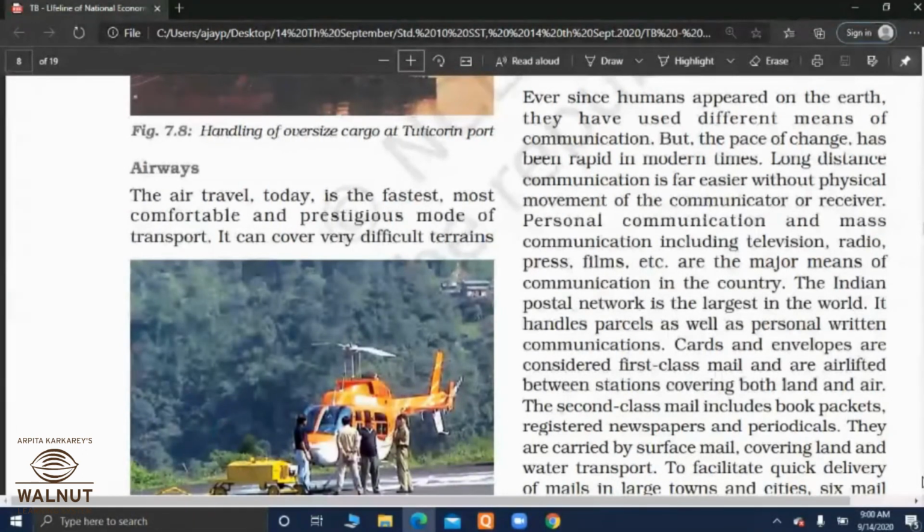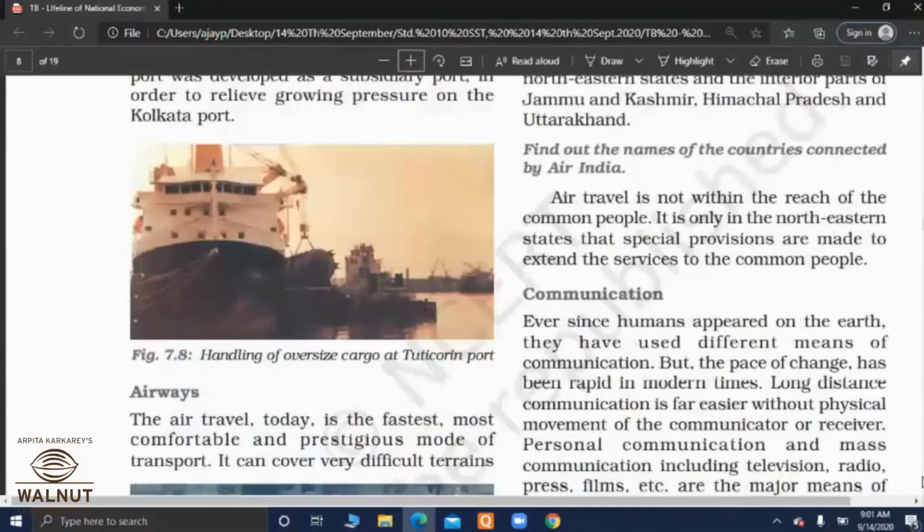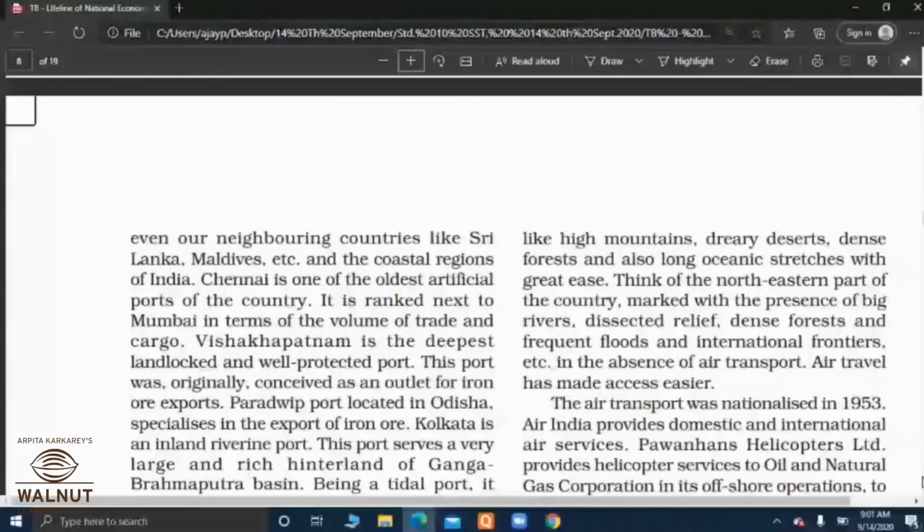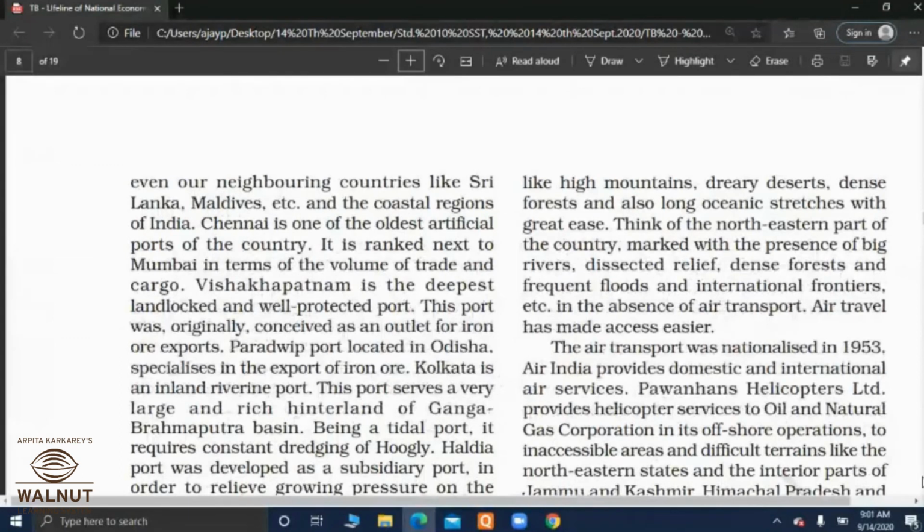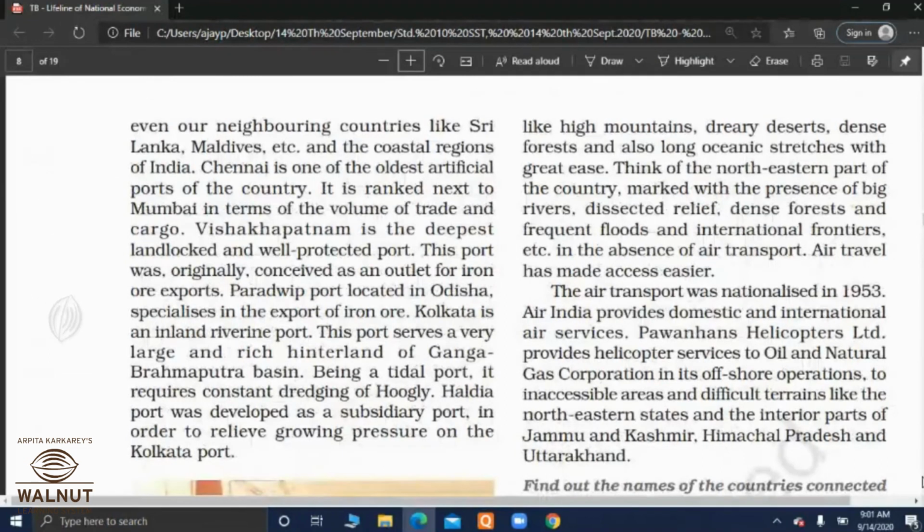It can cover very difficult terrain like high mountains, dreary deserts, dense forests, and also long oceanic stretches with great ease. Think of the northeastern part of the country, marked with the presence of big rivers, dissected relief, dense forest, frequent floods and international frontiers, etc. In the absence of airports, air travel has made access easier.